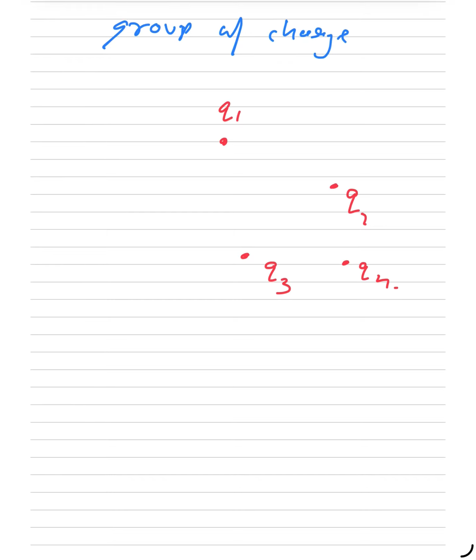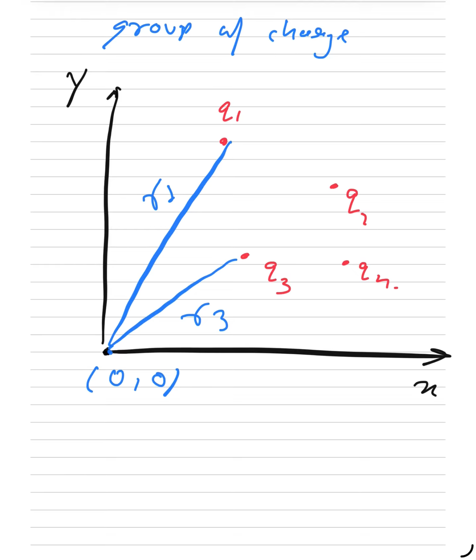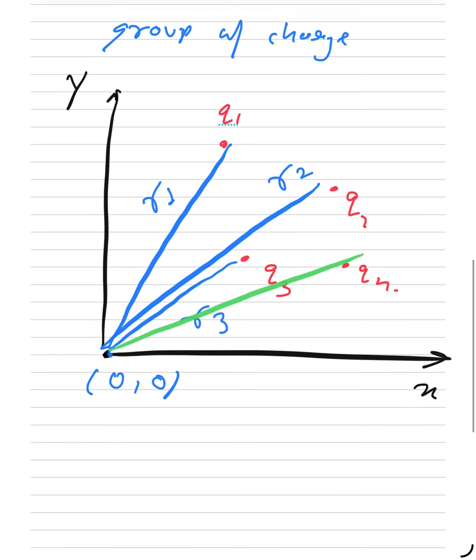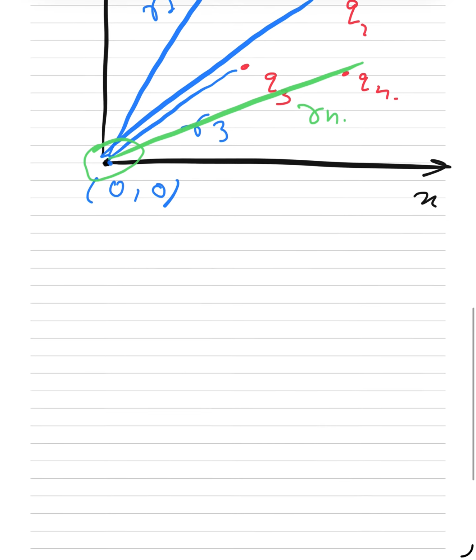If I want to calculate the resultant electric field at a certain point, suppose the resultant electric field at this point, and this is the origin, this is the y axis and this is the x axis. This is the origin (0, 0), this distance is r3, this distance is r1, this is r2, and this is rn. And the resultant electric field at the origin point.